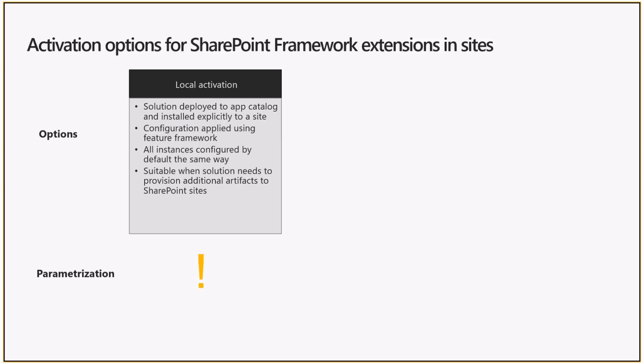Which also means that if you have multiple sites and you activate that solution in all 3 sites, all of those sites by default have exactly the same configuration, because you create the list, potentially the list which the extension might have a dependency on, and then the client-side component properties would be set the way they are in the feature framework definition.